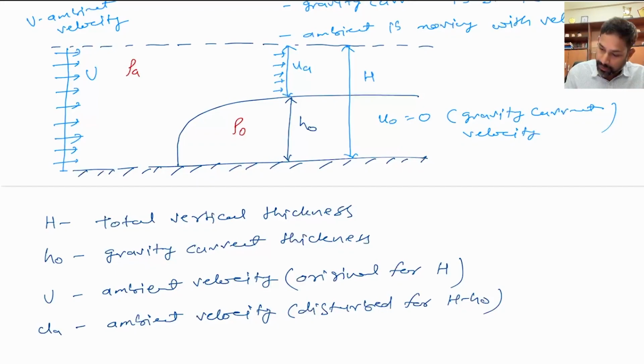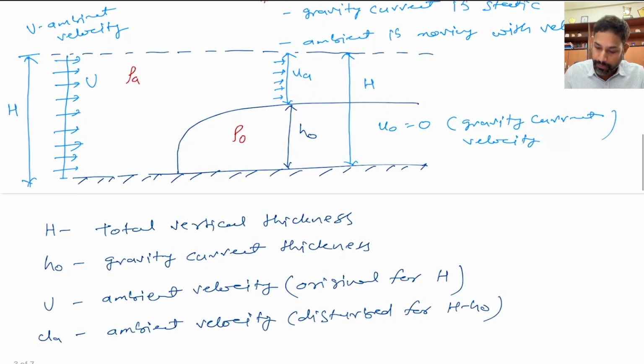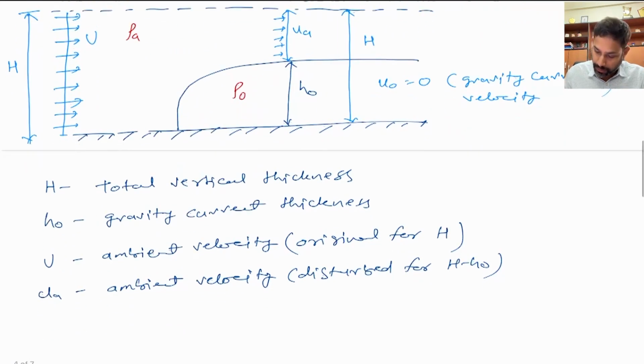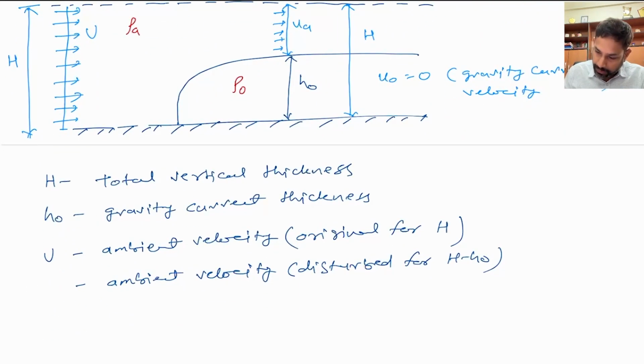Okay, so when we consider the complete layer that is coming from here to here, that has a velocity of capital U, and when we consider the smaller thickness, that has the velocity of ua.